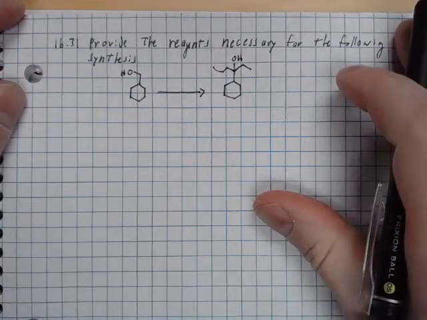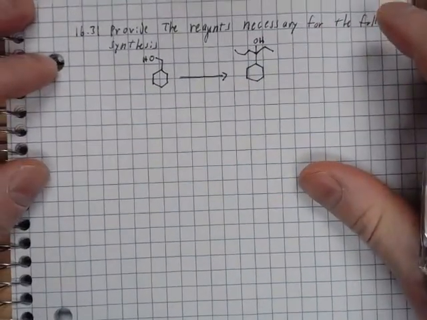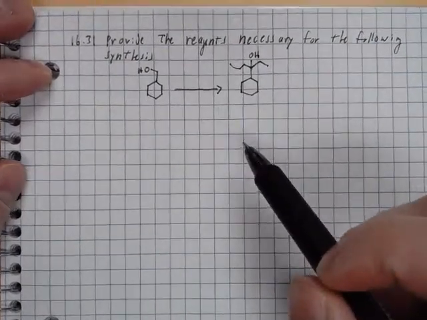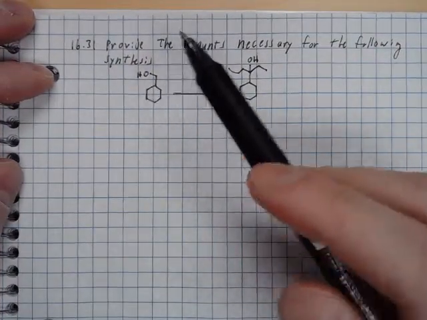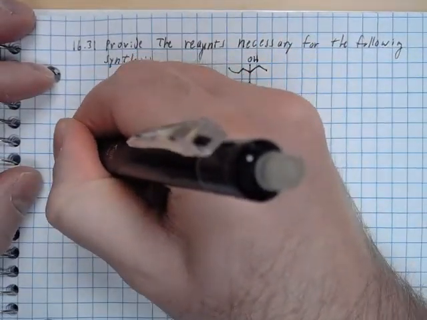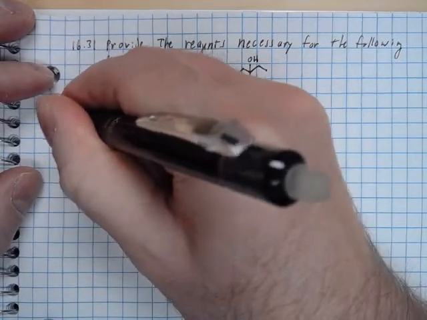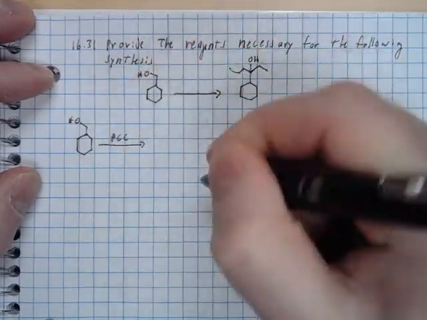So this can be done with Grignard reactions. The first thing we need to do to make this work with a Grignard reaction is to convert this alcohol to a carbonyl. So that can be done using PCC.